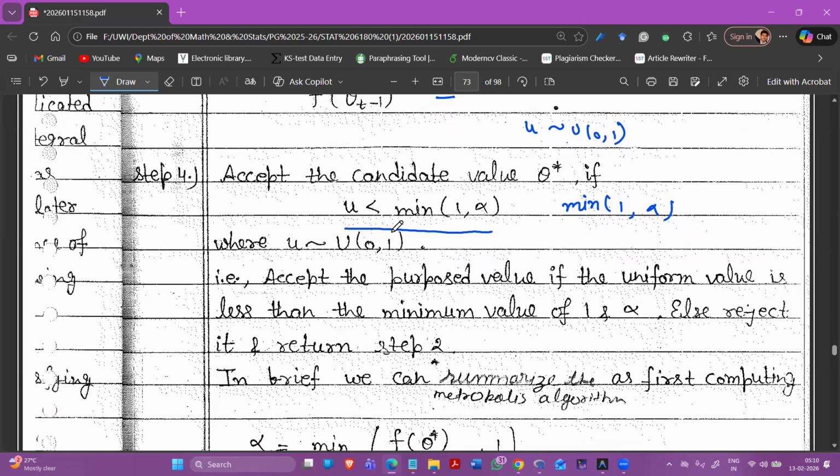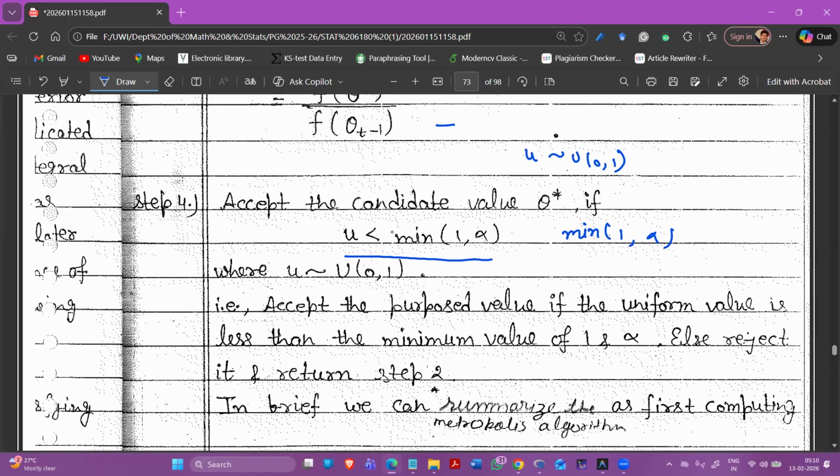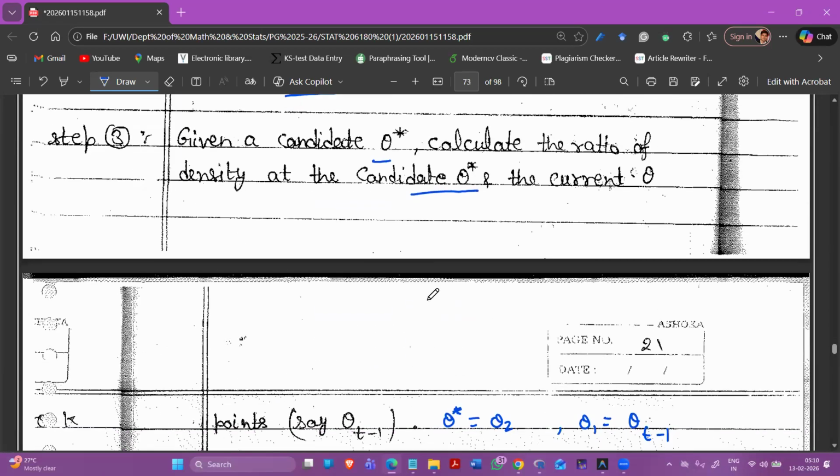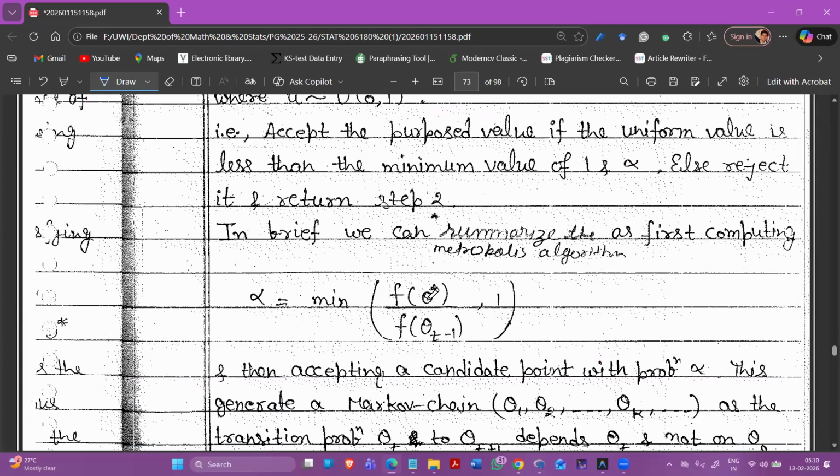So you will accept the proposed value if the uniform value is less than the minimum of 1 and alpha, else you will reject and again go back to step 2 and generate the values again.